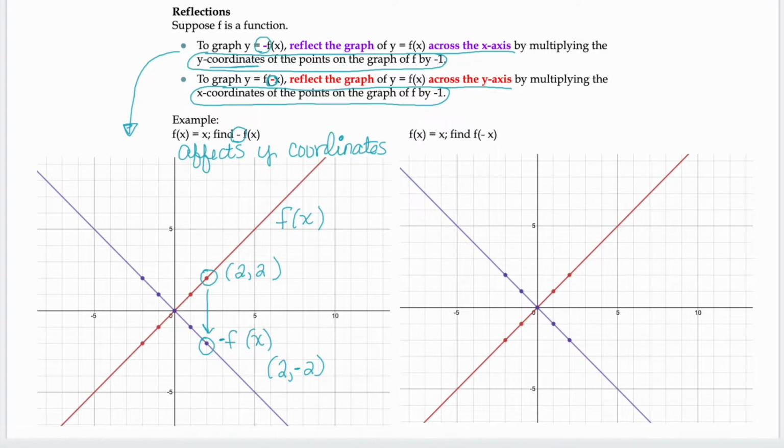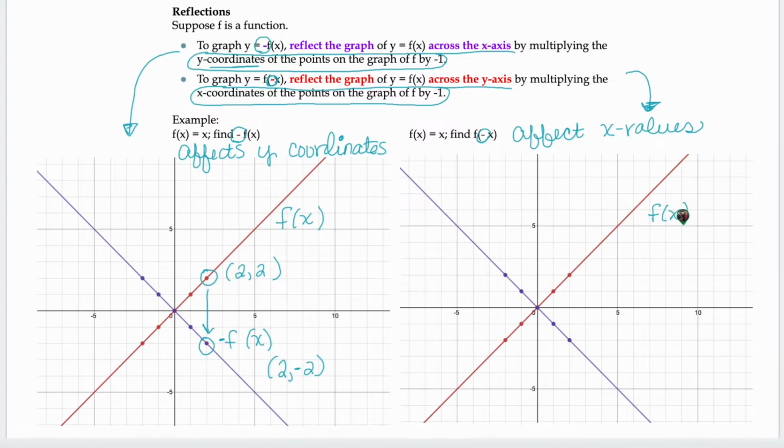However, if I have the negative on the inside of the function, this is going to affect our x value. For this example, again, I have my original function f of x.